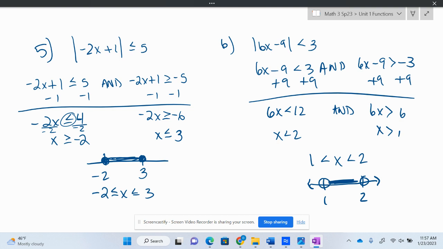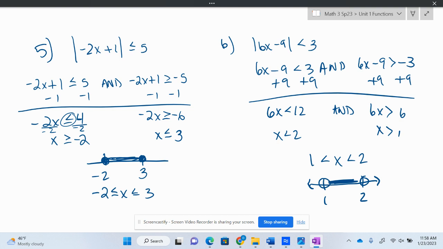And then when I divide by -2 right here, x is less than or equal to 3. You have to flip the inequality when you divide by a negative. Okay? So remember, we want the smallest number to come first. So I have to rewrite this as -2 is less than or equal to x, and x is less than or equal to 3. So I kind of smush them together. -2, 3, shade to the center, closed circles.